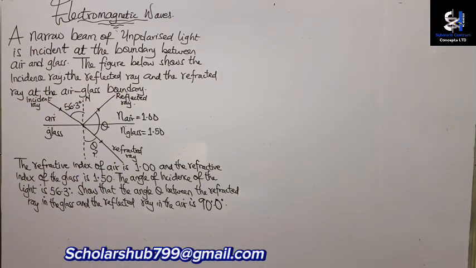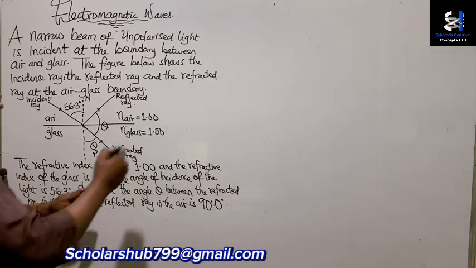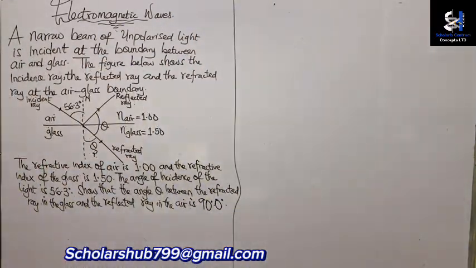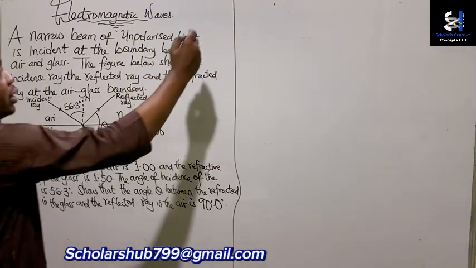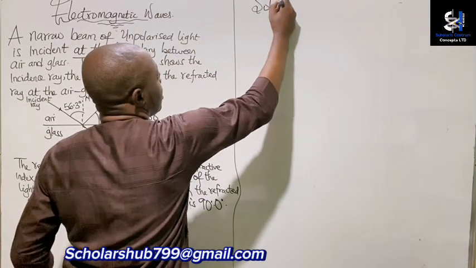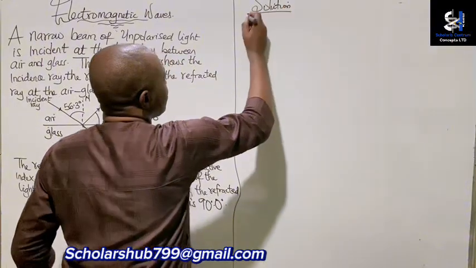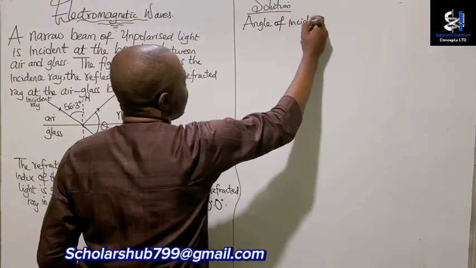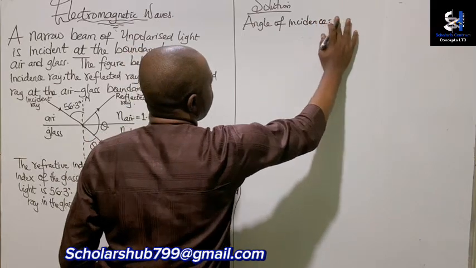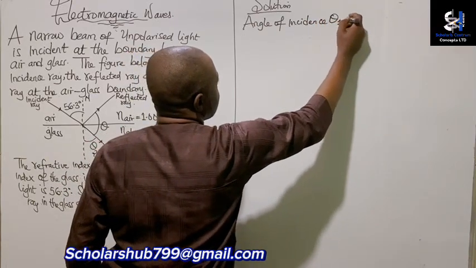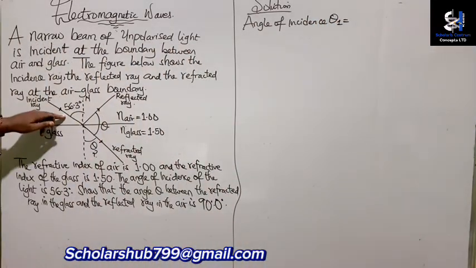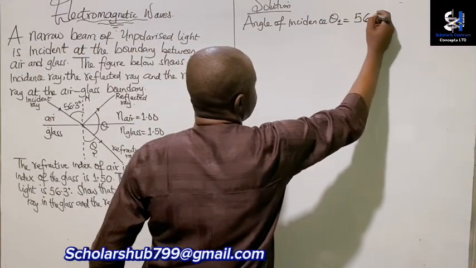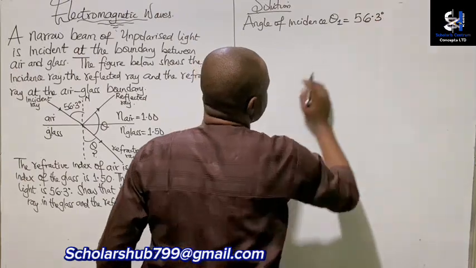Now in this case, we need to first identify the values that we're given. We are given the angle of incidence, theta 1, which is 56.3 degrees.